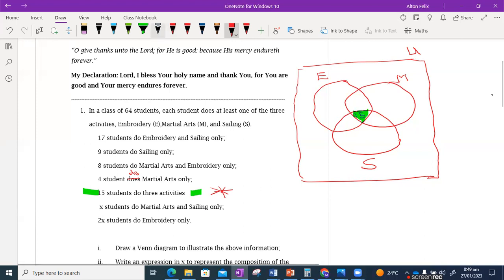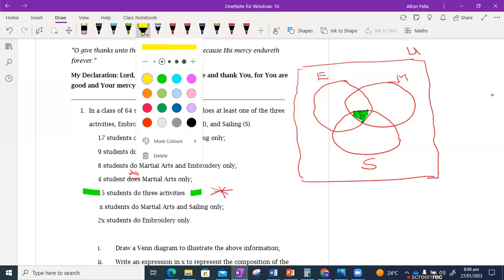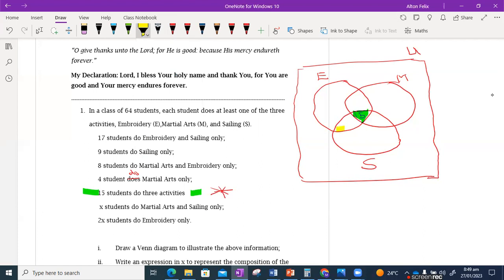In other words, we are looking at the intersection between any 2 sets, taking the 2 sets one at a time, meaning this shaded region here in yellow, including the 15 which is shaded in green, will be the number of students who do both embroidery and sailing. Notice E and S will overlap in this yellow portion here.